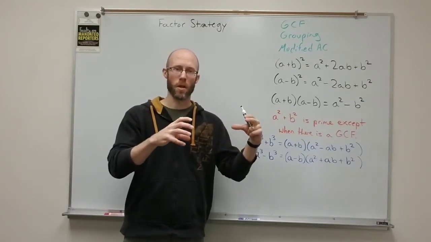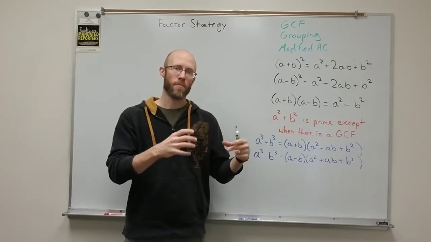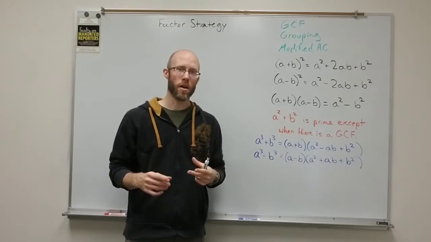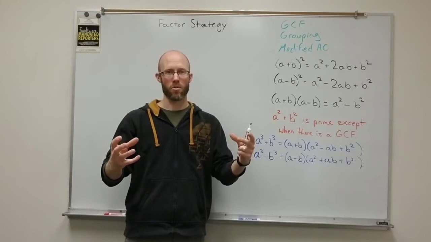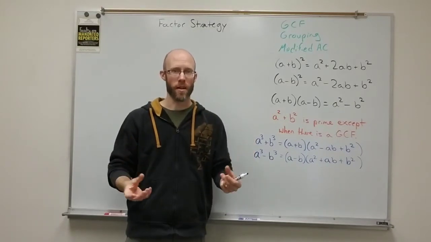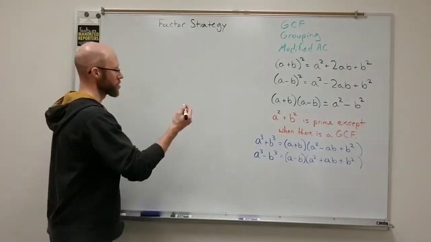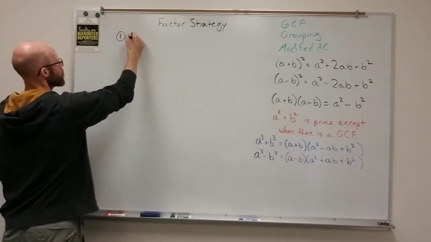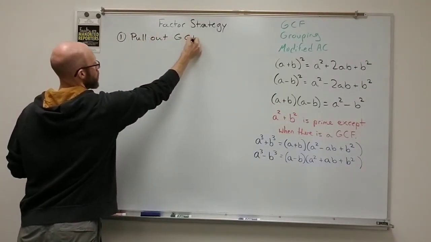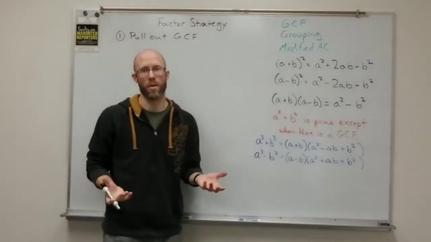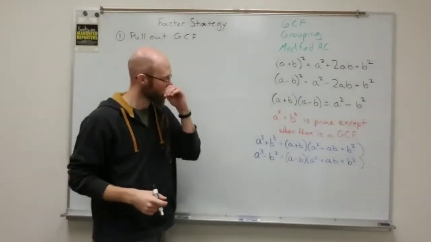All the other terms will become smaller, the numbers are smaller, the exponents usually become smaller. So if you pull out the GCF, everything becomes simpler and easier to understand. So step 1 is always to pull out the GCF, if there is one. If there isn't one, skip that.